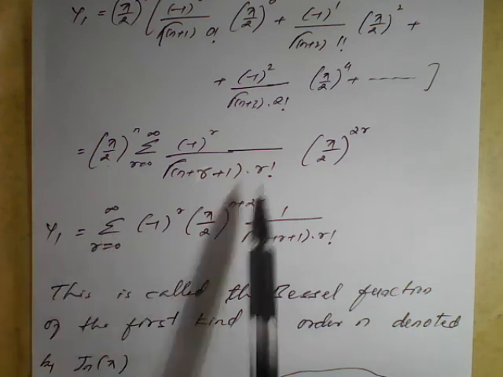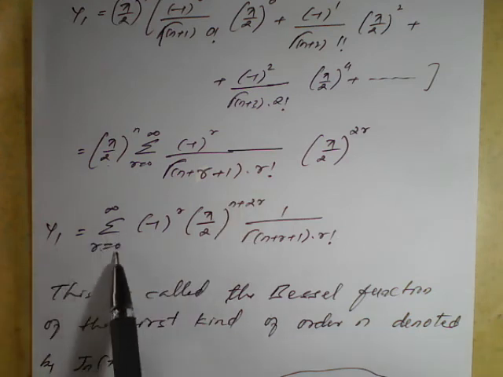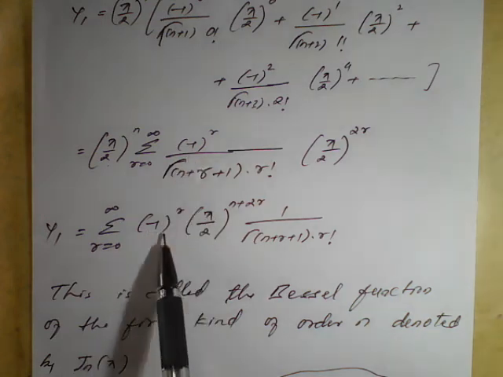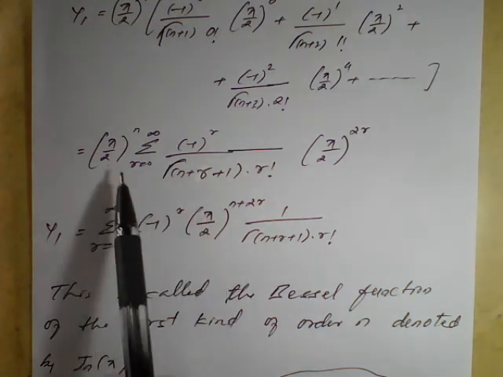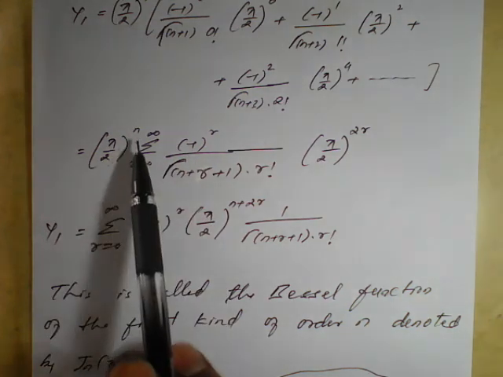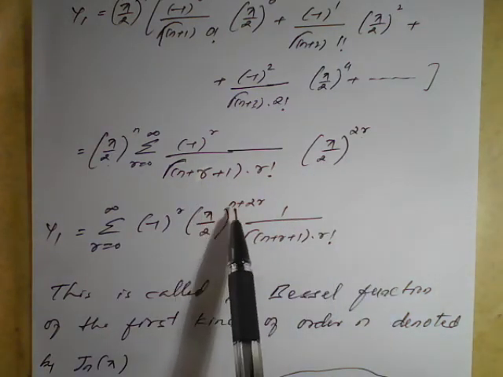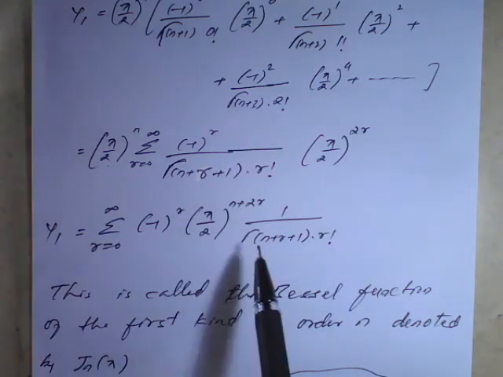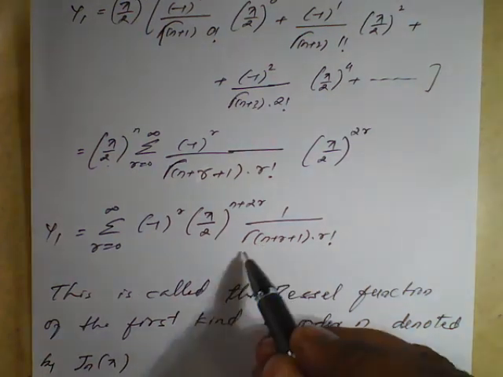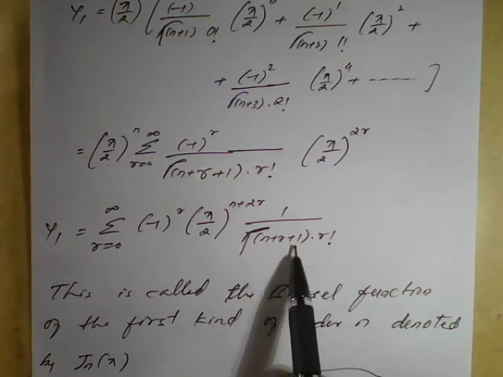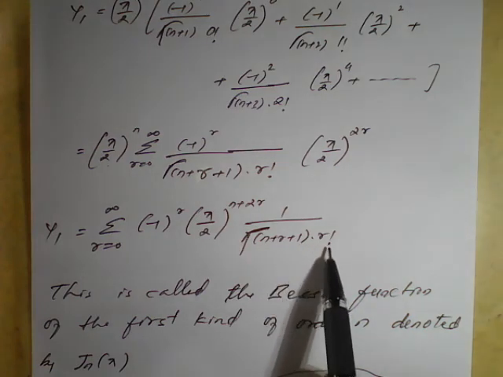Now y1 is summation r from 0 to infinity, (-1)^r outside, then (x/2)^n and (x/2)^(2r), so we can write it as (x/2)^(n+2r) and 1 upon gamma of n+r+1 into r factorial.